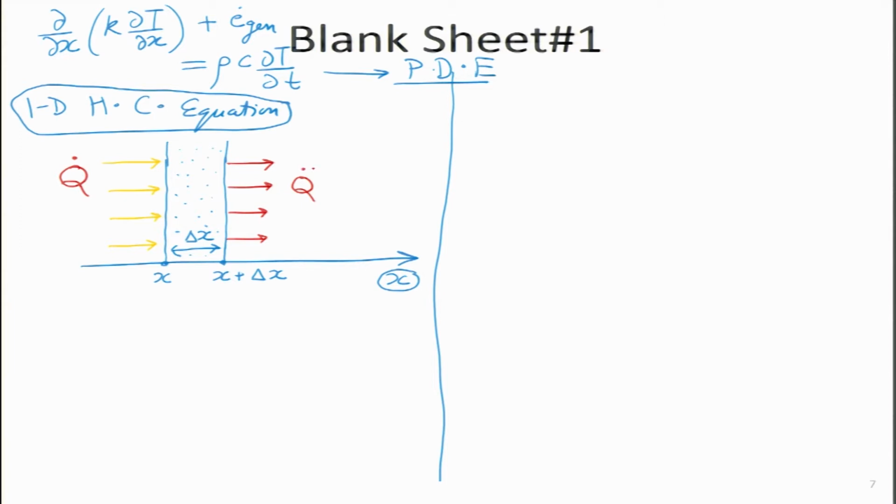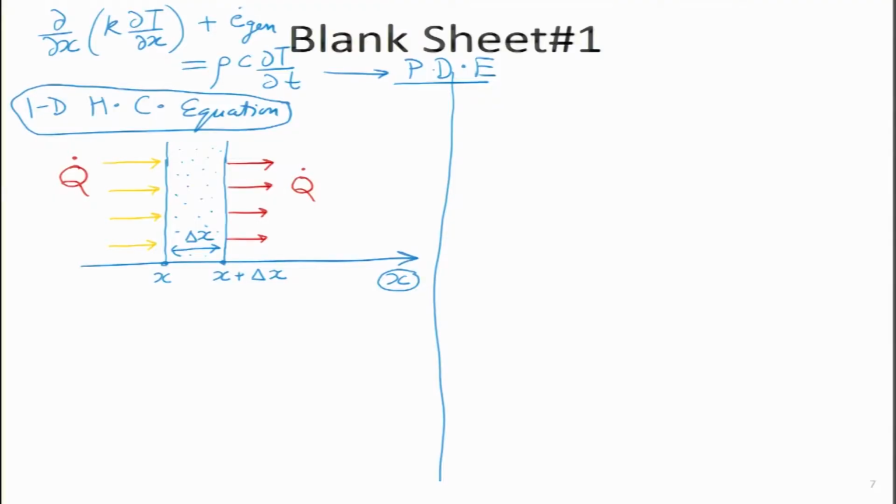So I have a question over here. In this differential element, if I represent it with this thickness over here, under what conditions are the Q dot on the left side and the right side going to be equal? Is it possible that they can actually be different as well? So in the general case, we will assume that they would be different. So I would use this subscript notation over here.